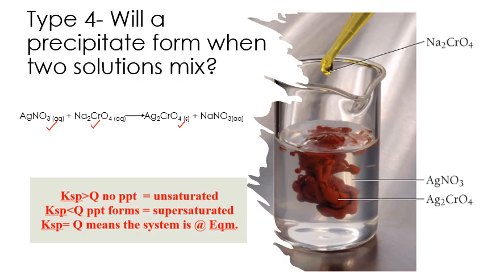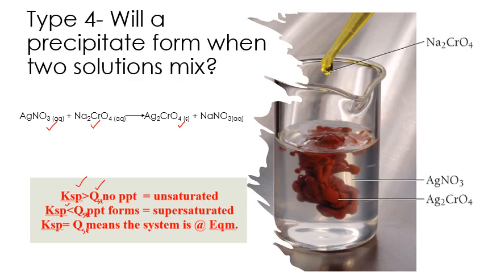But you should know the basic rule. If Ksp is greater than Qsp, no precipitate will form. If Ksp is less than Qsp, precipitate forms. And Ksp equal to Qsp means the system is at equilibrium.